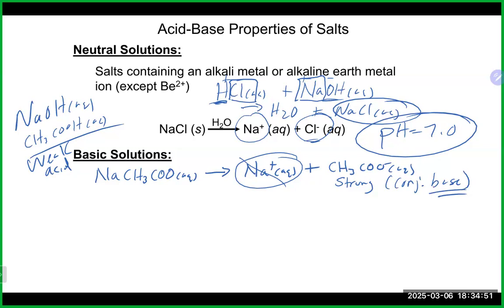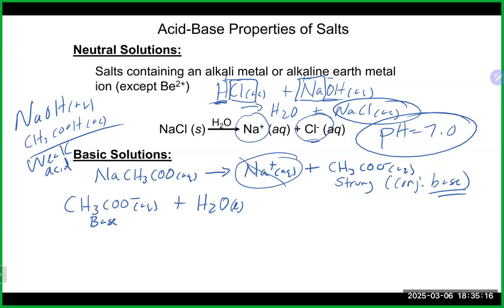And now you pretty much have everything that you need to know to write the equation correctly. Let's see how we can figure that out. We're going to take the acetate, which we have already determined is going to act as a base. And in these salt reactions, they are hydrolysis reactions, which means there is always water there with it.